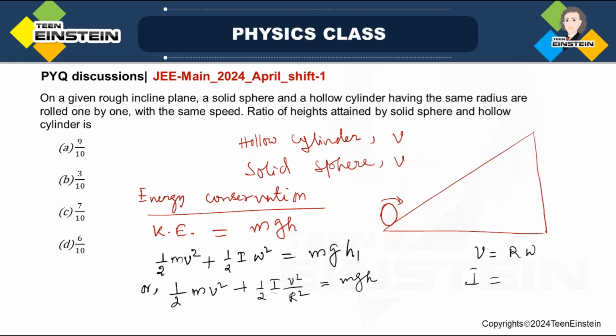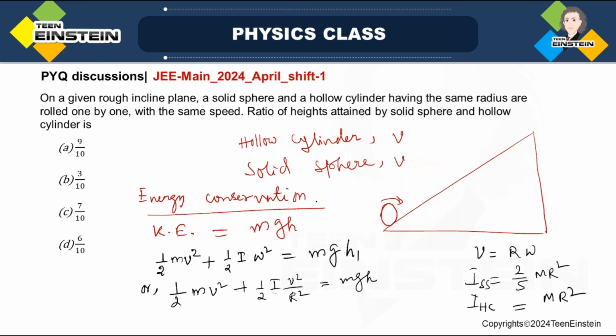For a solid sphere, it is actually 2 by 5 m r square, and for hollow cylinder, this is hollow cylinder HC, it is mr square. Okay, now things will be easy.